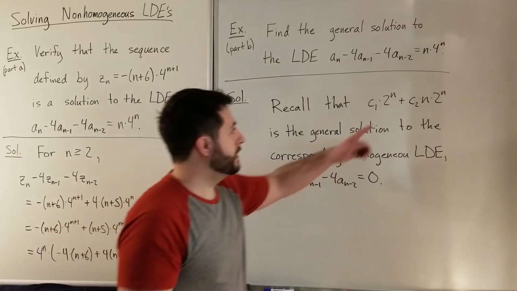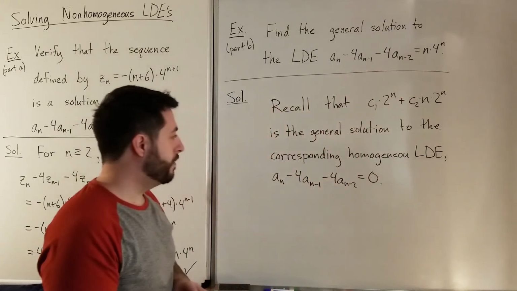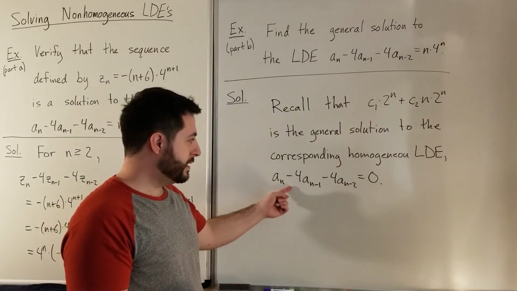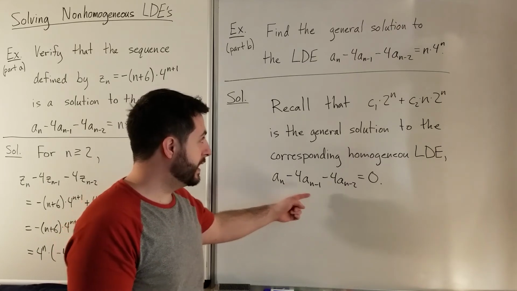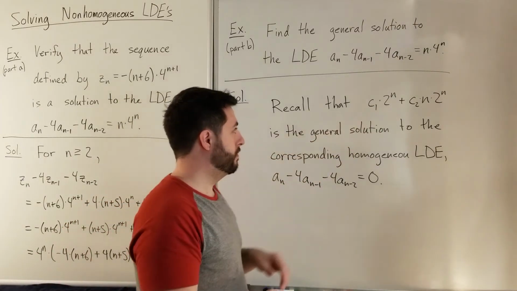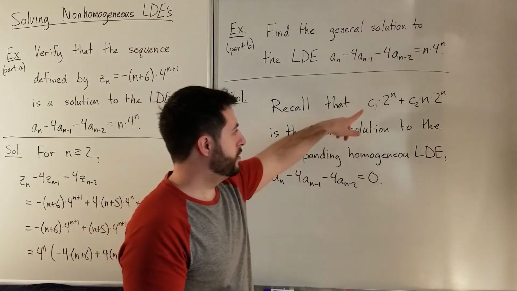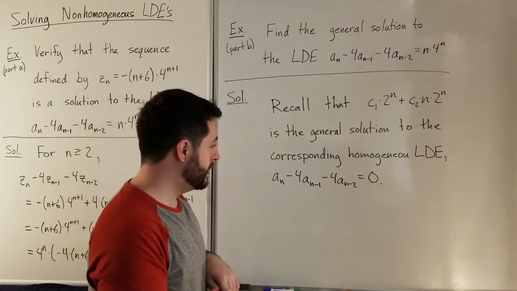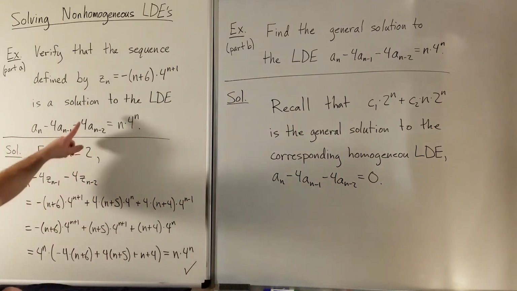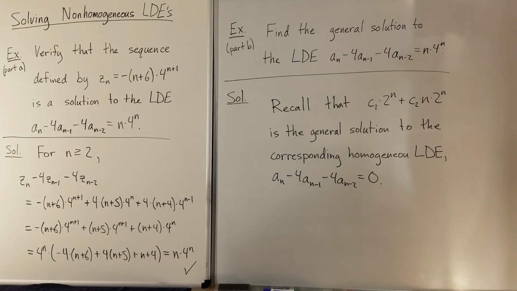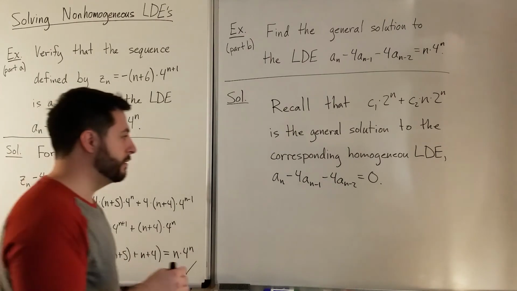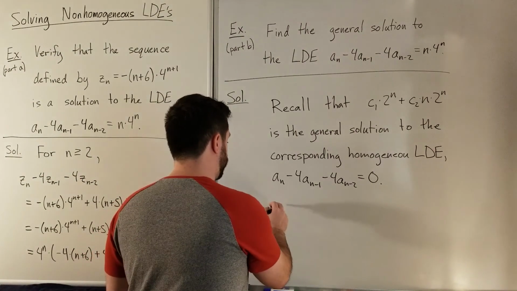So replacing this n times 4 to the n with 0, we get this, and this is the problem we solved yesterday. Here was the solution. So we're going to use that solution along with our specific solution to the non-homogeneous case and just add them together, and that will be our general solution to the non-homogeneous case.